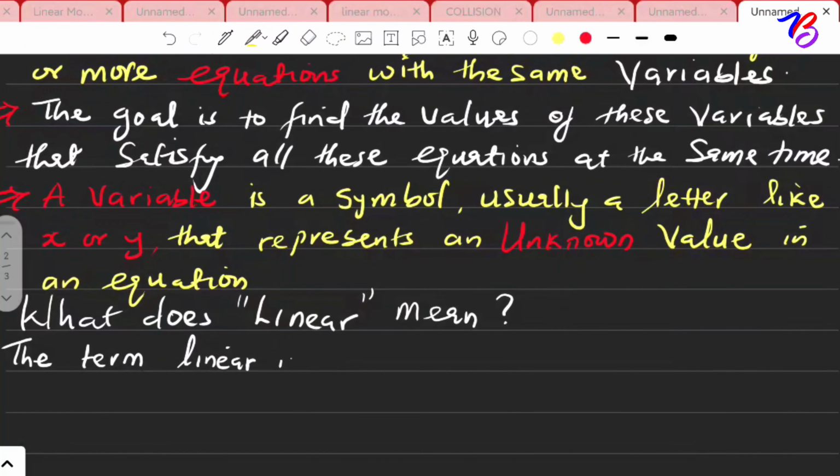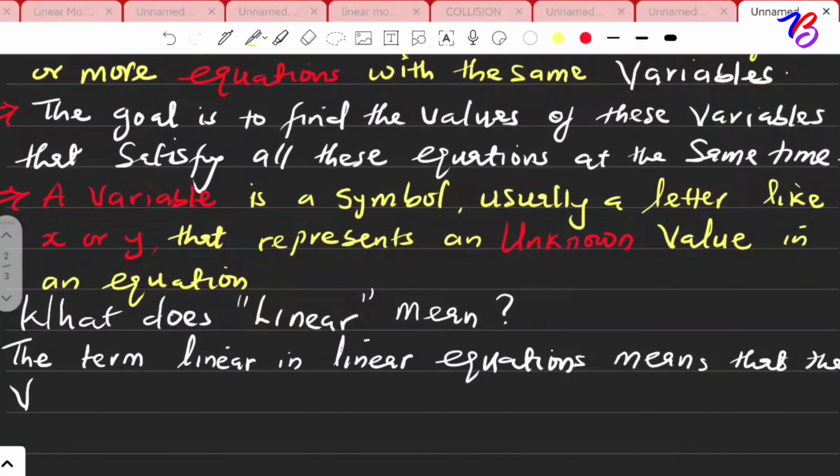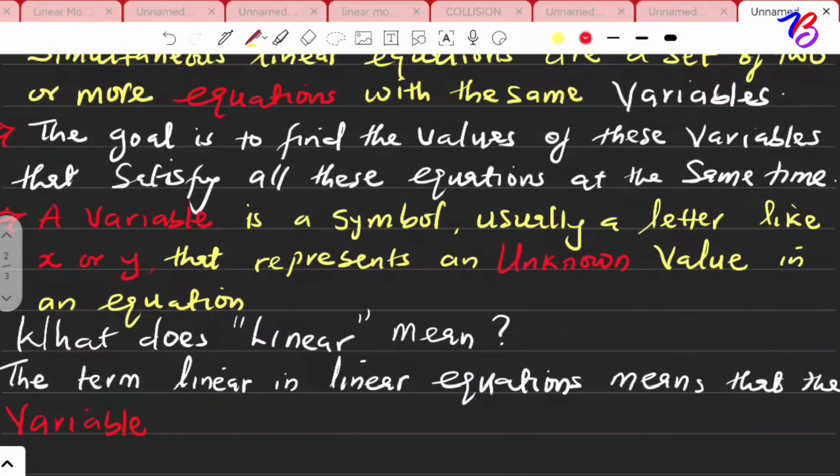The term linear in linear equation simply means that the variable here now, recall that variables are what? X or Y. That the variable or variables appear only to the power of 1. Appear only to the power of 1.